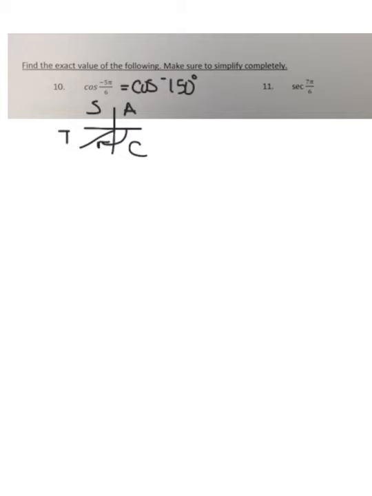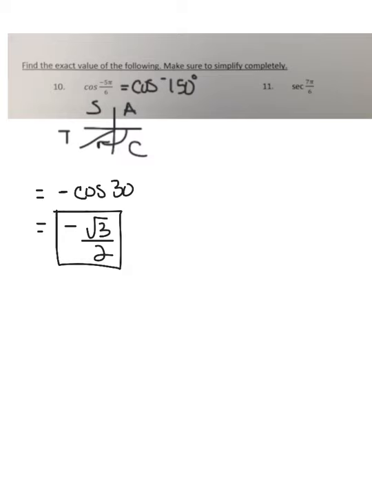Then I know that 150, its reference angle is 30 degrees. So basically, I want to know what's the cosine of 30, which I know is radical 3 over 2, but again, cosine is negative in that third quadrant.